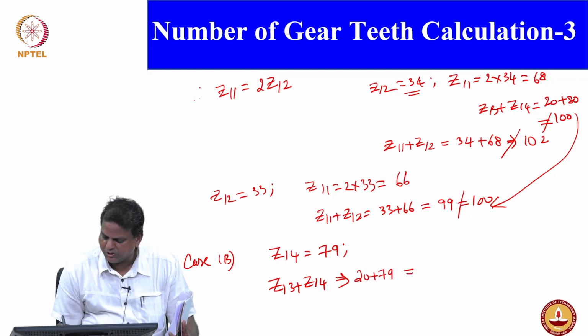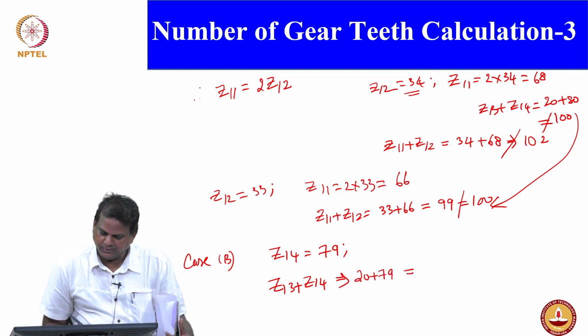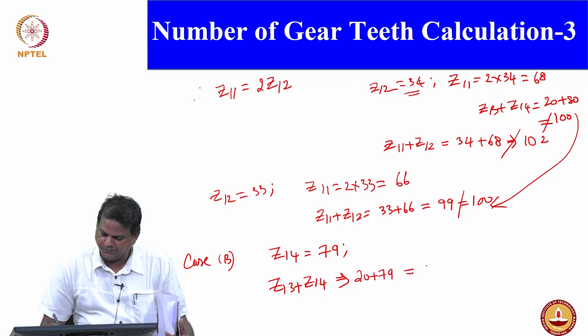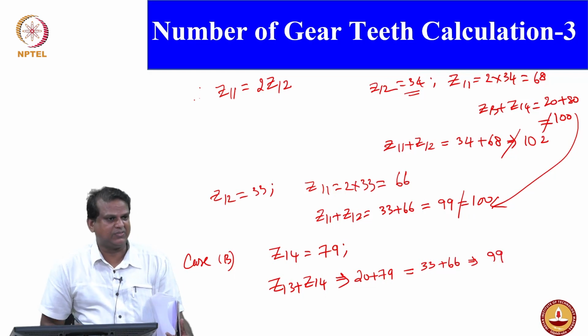If you choose your Z11 as 33 and Z12 as 66, that comes to 99. So we are satisfied.